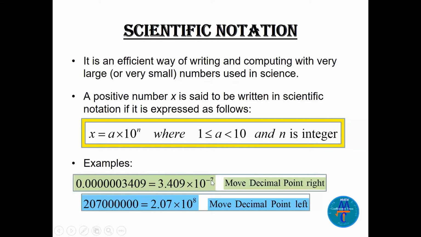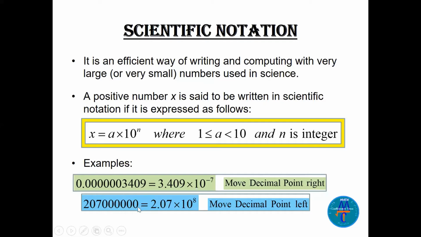I put a negative power if this is a small number when I move the decimal point to the right. Now the same thing with 207000000.0. There is a 0.0 here.